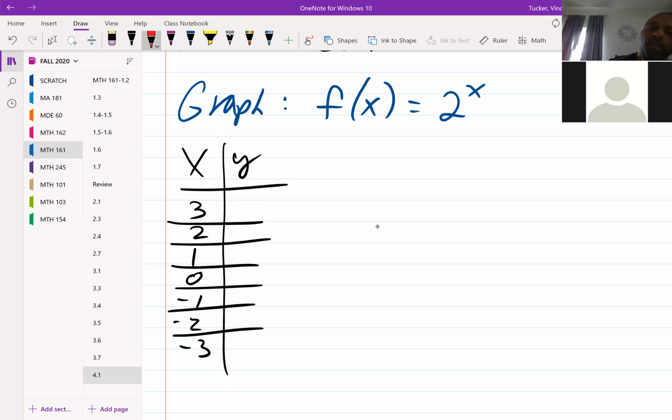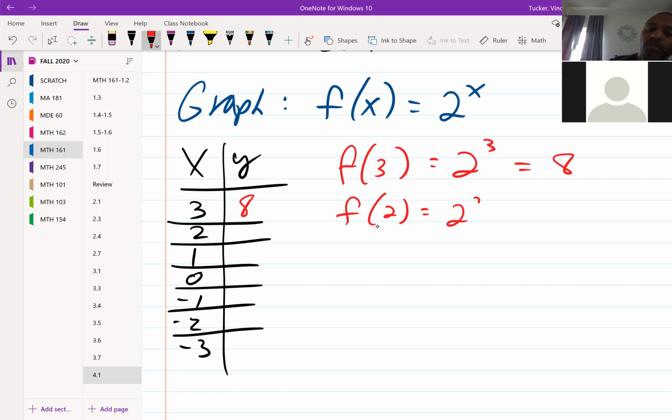Plugging in 3, 2 to the third power is 8. So when x is 3, y is 8. Plugging in 2, that'll be 4.